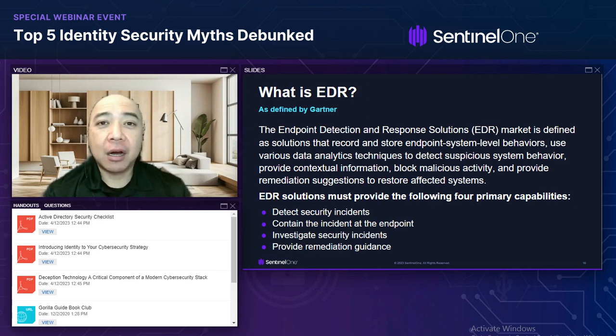Now, EDR is really a bunch of solutions that look at it from the endpoint perspective, so it's only on the endpoints. It's looking for behaviors, it's looking at the data happening, at all the logs and activity, and then analyzing that for detection capabilities. It's going to look for suspicious system behavior. It's going to give you context on what's happening.